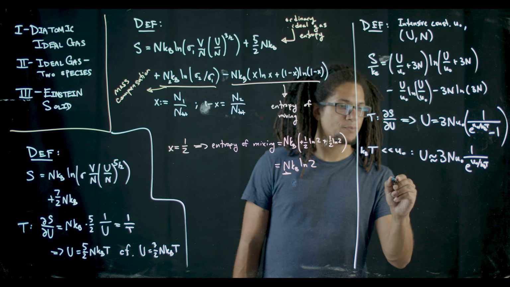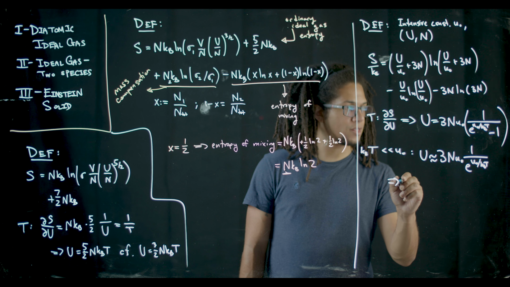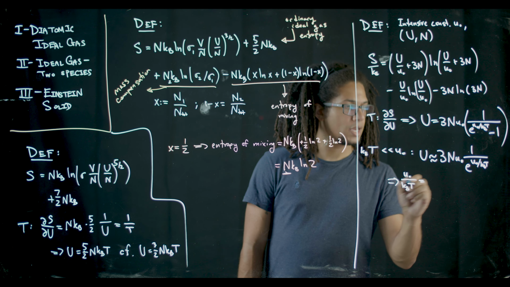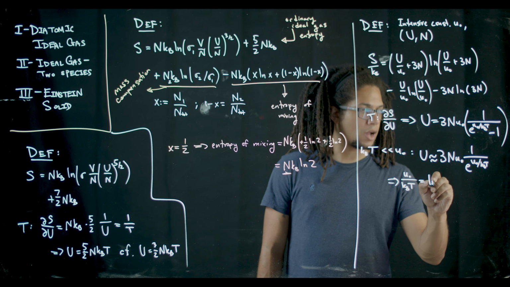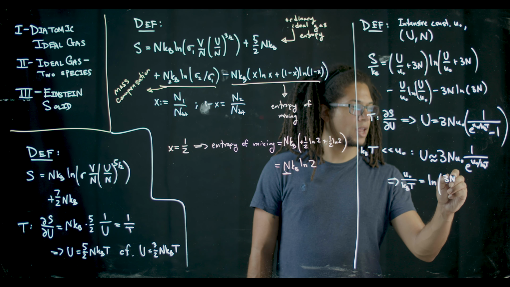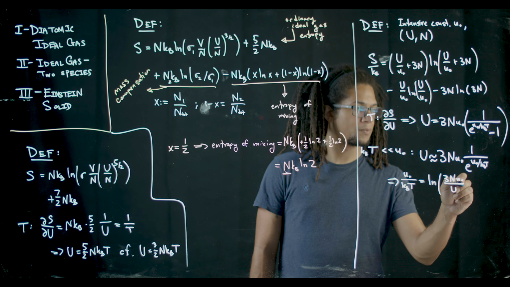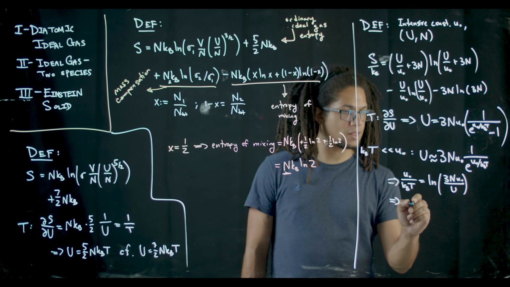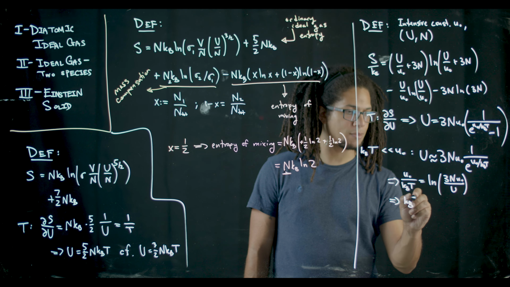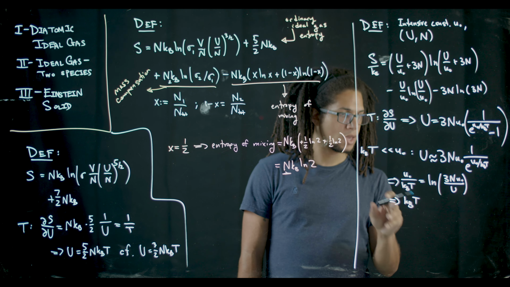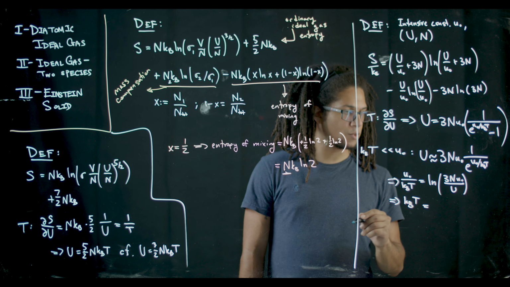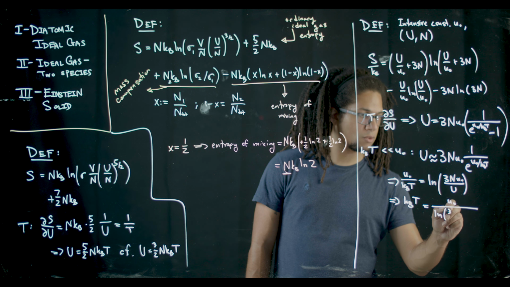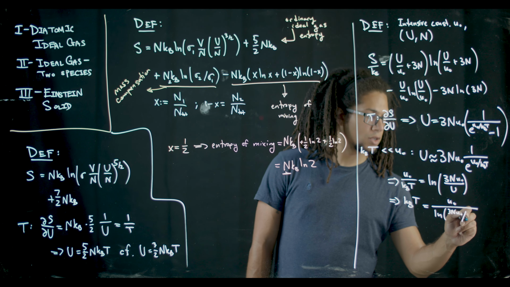Then we can take a log. At the end of the day, we find that U naught over k_B T is equal to the log of 3N U naught over U. And then furthermore, cross multiplying again, we find that T, in fact, let me just give it for k_B T just to make our lives a little bit simpler, k_B T is then equal to U naught over log of 3N U naught over U.